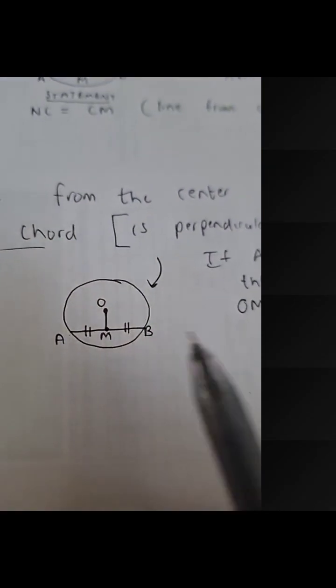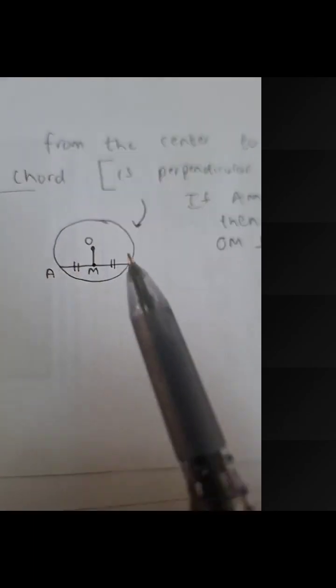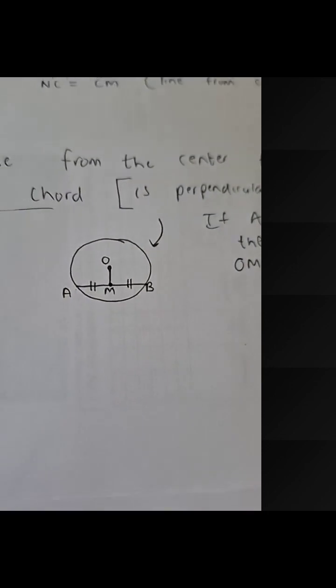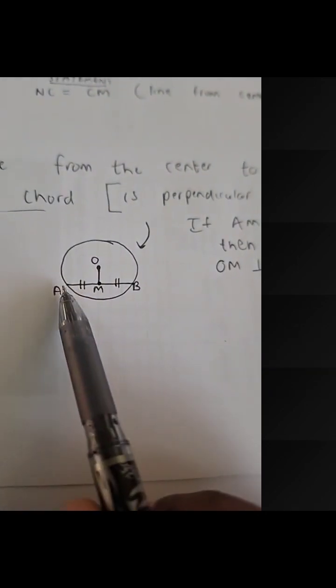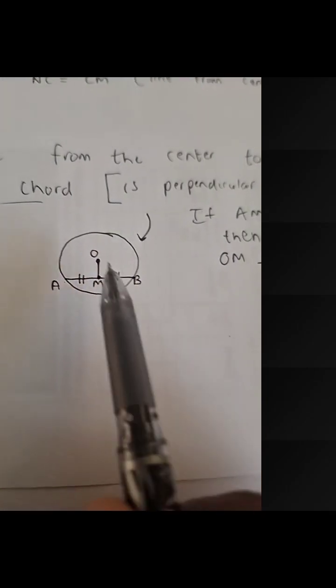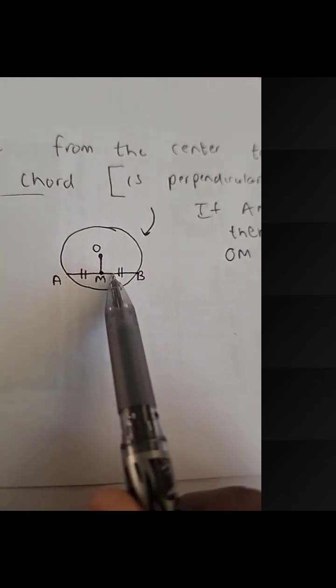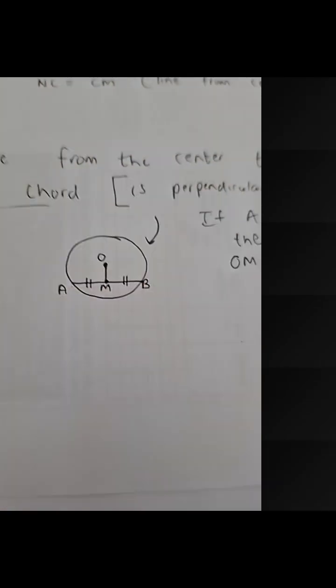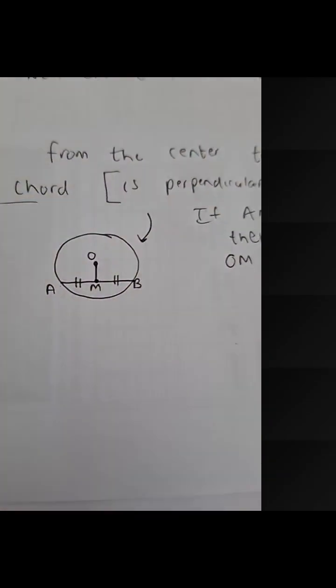So once again, the condition. What is the condition? The condition is that AM must be equal to MB. What is the result? The result is that OM is then perpendicular to AB. It means I can tell you what the angle is here and what the angle is there. I do not see the result. What I see is the if part.